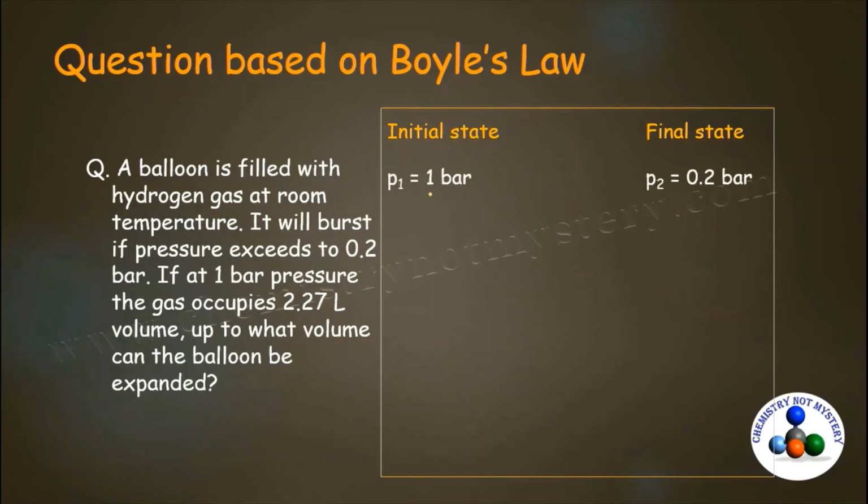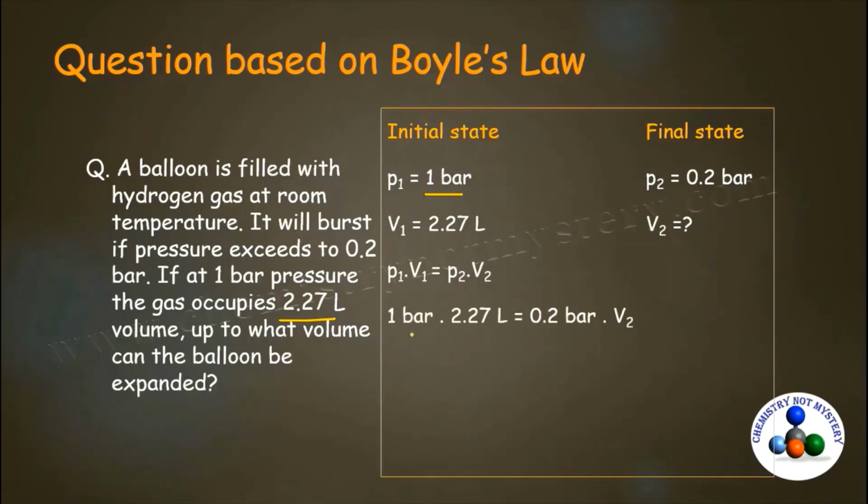At the initial state, P1 is given 1 bar, P2 is given 0.2 bar, V1 was given 2.27 liter, and here we have to calculate V2. Now apply the formula P1 V1 is equal to P2 V2. Now place the values in the given formula. P1, 1 bar, multiplied by V1, that is 2.27 liter, will be equal to P2, that is 0.2 bar, and V2 we have to calculate.